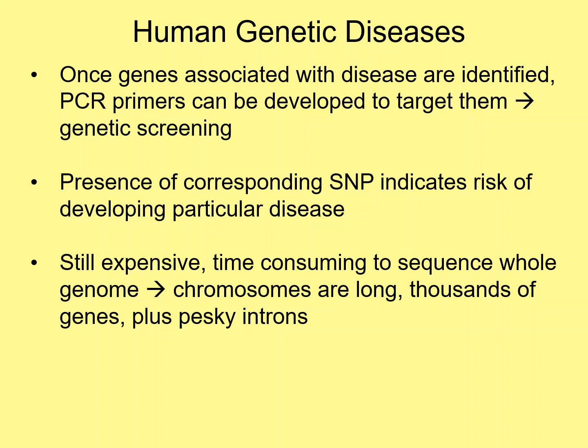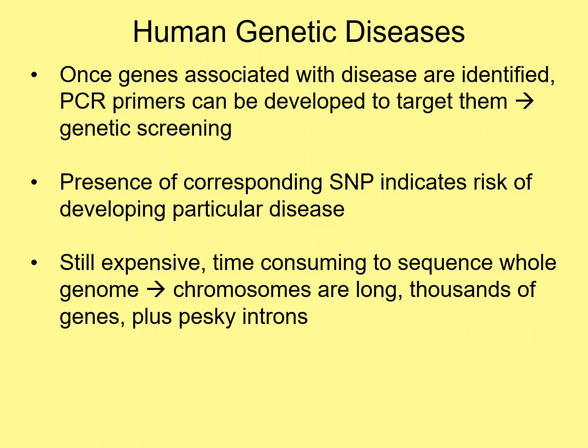So those are a couple of different uses of performing polymerase chain reaction, which is trying to amplify certain sequences, such as short tandem repeats for the purpose of DNA profiling, or amplifying SNPs for the purpose of doing some sort of genetic screening.